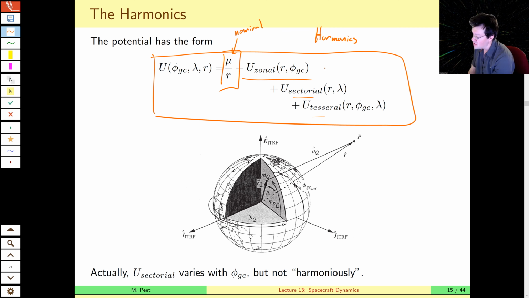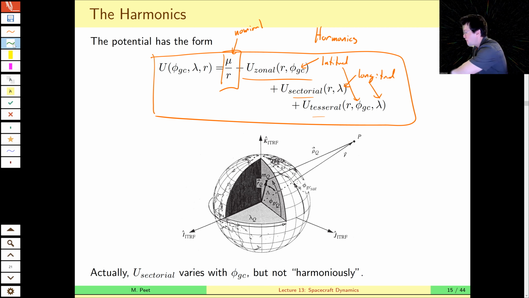So we'll break it down into parts which vary primarily with latitude, terms which vary primarily with longitude, and terms which vary with or oscillate with latitude and longitude. So we'll talk about each of these.